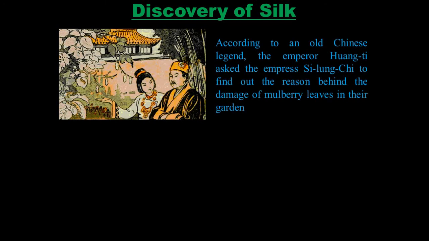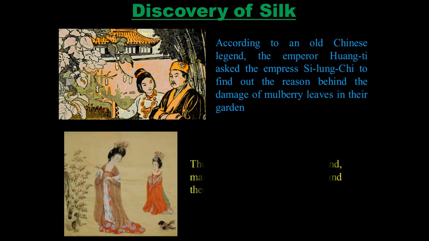According to an old Chinese legend, the Emperor Wang Ti asked the Empress Shi Longqi to find out the reason behind the damage of mulberry leaves in their garden. The Empress saw the same thing and also saw many spinning cocoons around the mulberry trees.